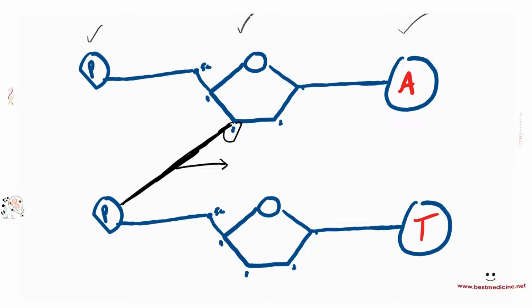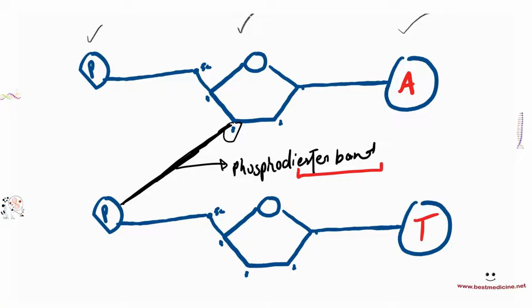This bond, you're not supposed to know it for AQA, but I will give you the name anyways. It's called a phosphodiester bond. If you know ester bonds from organic chemistry, then you should be a little bit familiar with what an ester bond is.